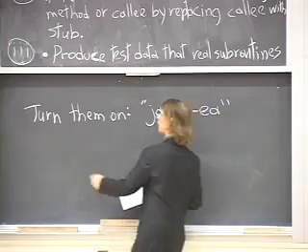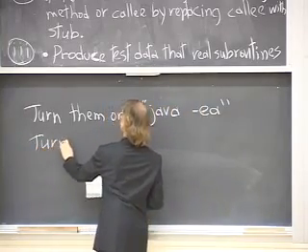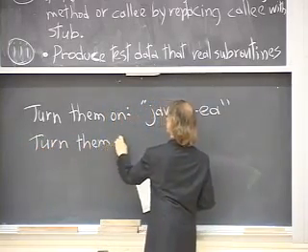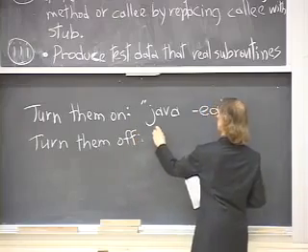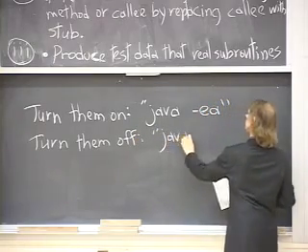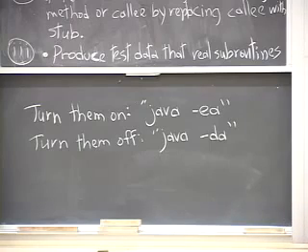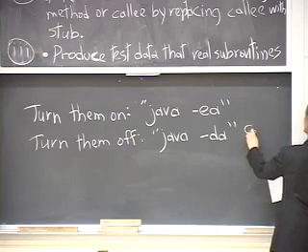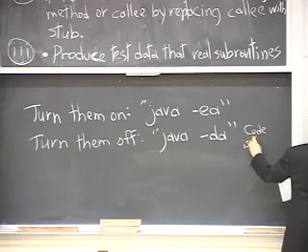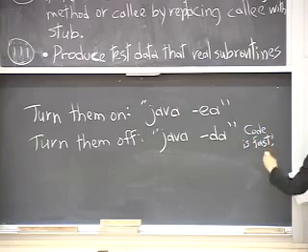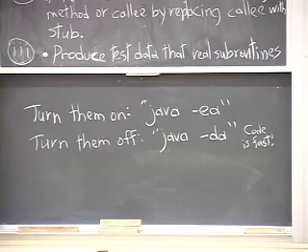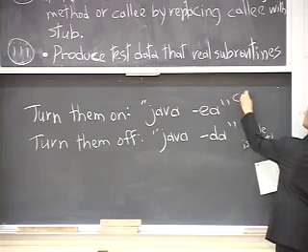And when you want to turn them back off, then java -da, for disable assertions. And so when you turn them off, your code is fast. So we don't execute any of the assertions. When you turn them on, your code is tested.